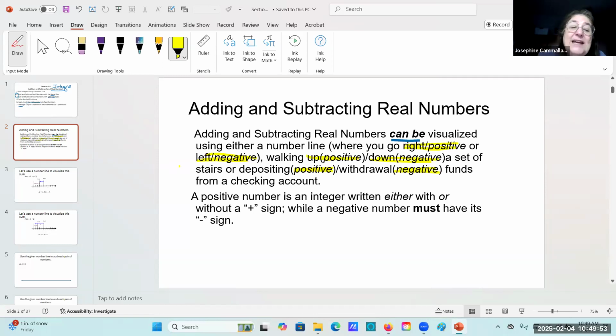And also, you're going to find that a positive number can be written either with or without a positive sign, while a negative number must have that little sign. Now, we're going to look at two slides where I did do the usage of a number line.